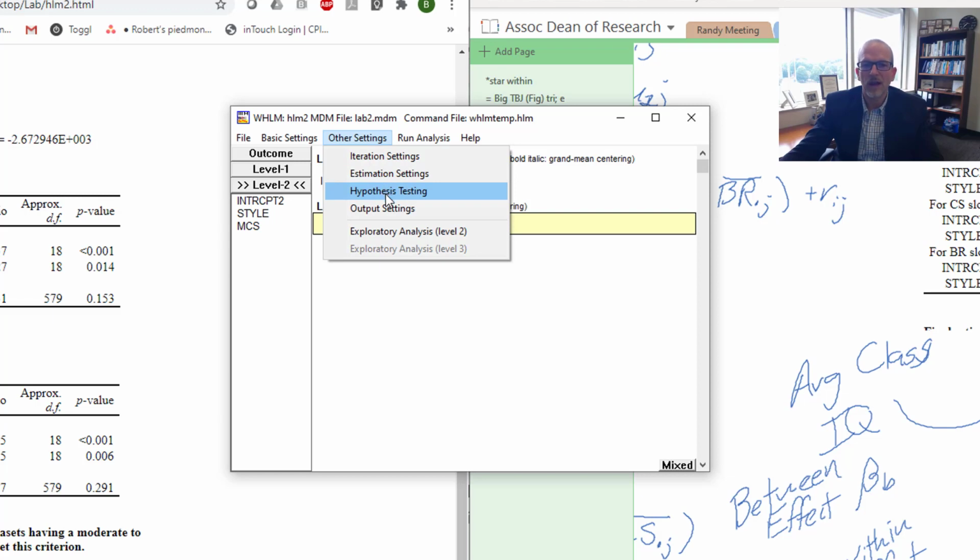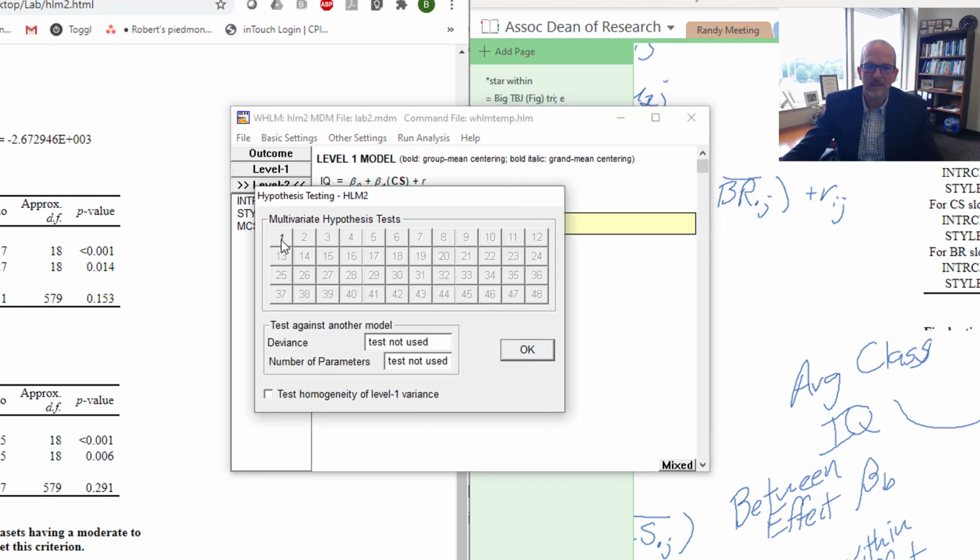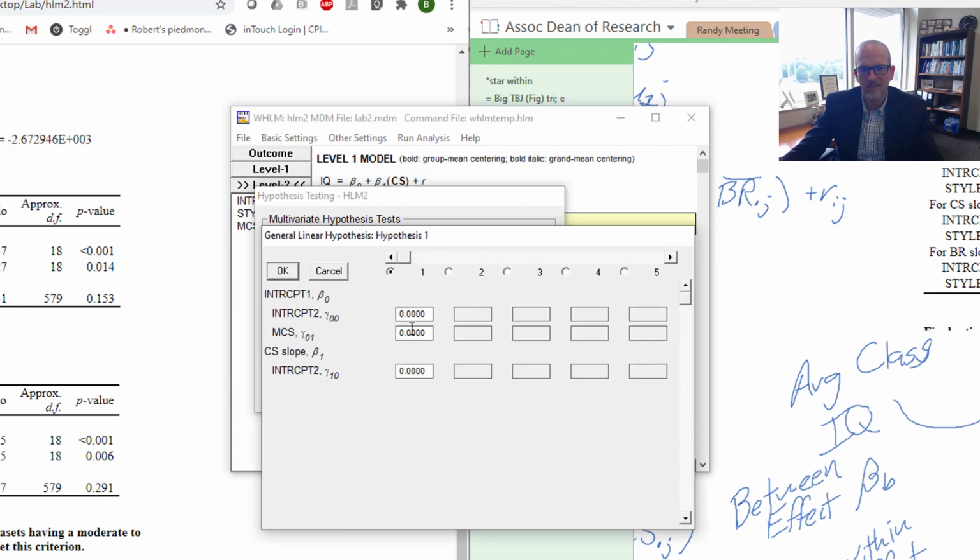So if I go under hypothesis testing, and I say I'm going to do a hypothesis test, I can define a contrast. So if I want to actually compute the compositional effect, I'm going to take the weight 1 times my gamma 01, and then I'm going to add it to a -1, sorry, times this thing. So the way this works is we assign weights.